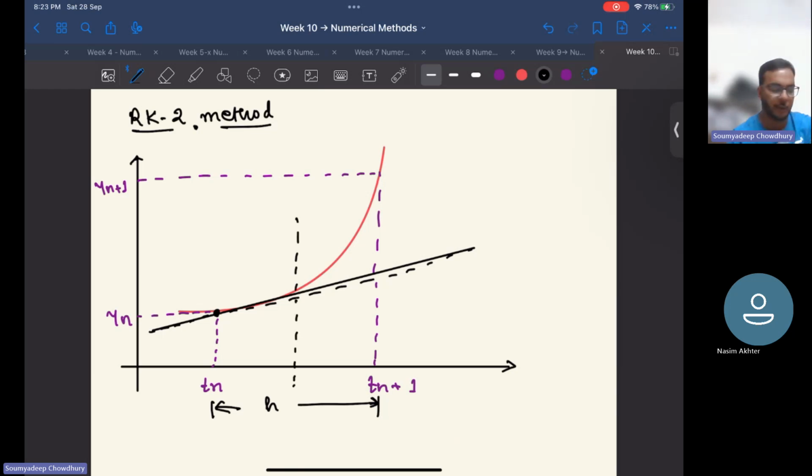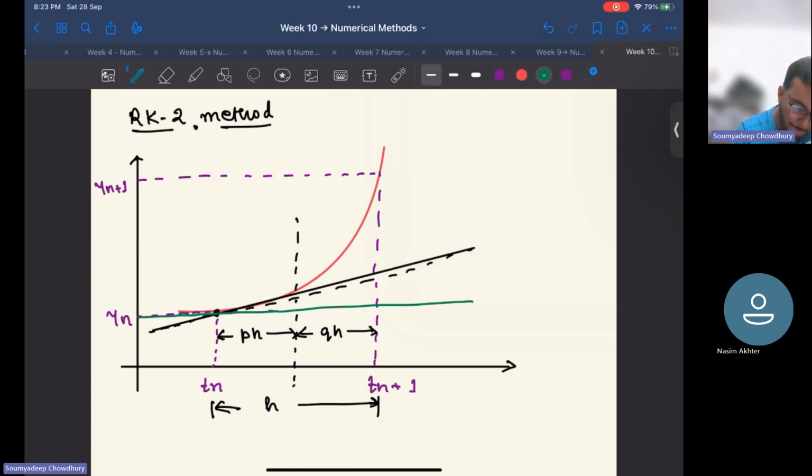It is not the midpoint. Just remember this, it does not necessarily have to be the midpoint. Suppose we have divided in the ratio of P is to Q. Since the total length is H, this length is PH and this part is QH. This YN line we will draw here, we'll need it.